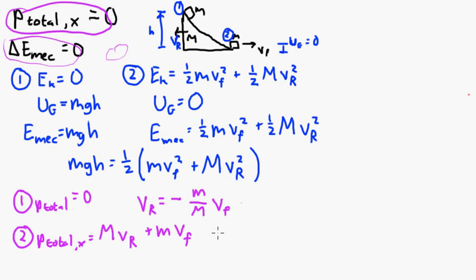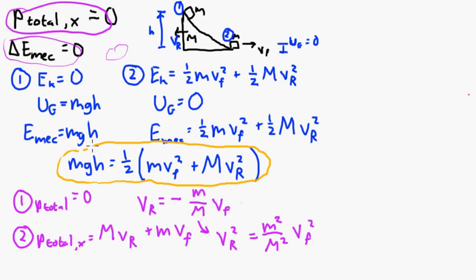So I'm just going to take this and square it. This gives us V sub r squared equals little m squared over big M squared times V sub f squared. Now, this is going to be tricky, so let's make sure we do it right. We need this equation and this equation, and we're going to plug this into there.